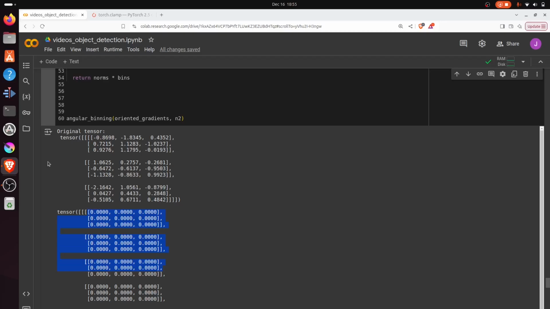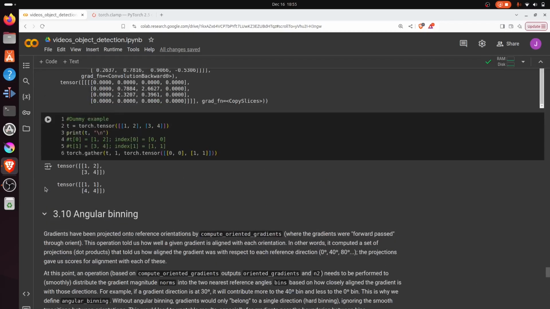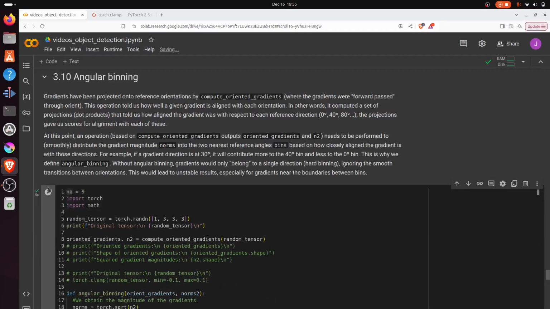And remember what this gave us: a score that tells us whether a given gradient is close enough to a reference orientation or not.